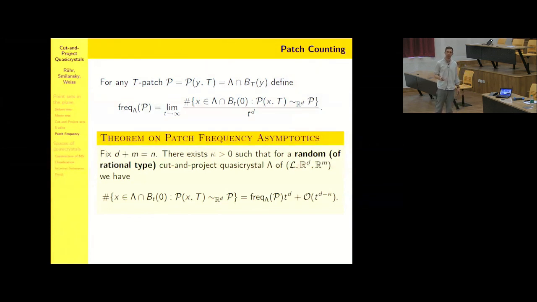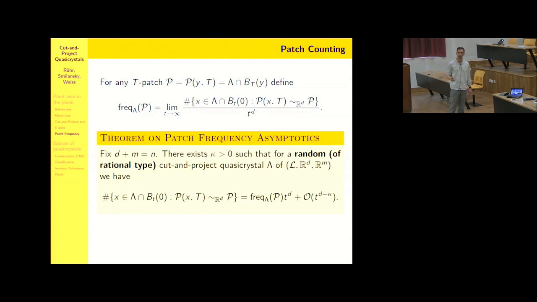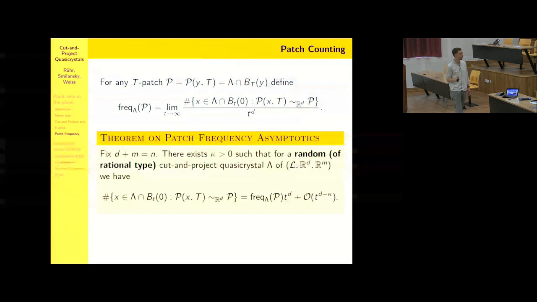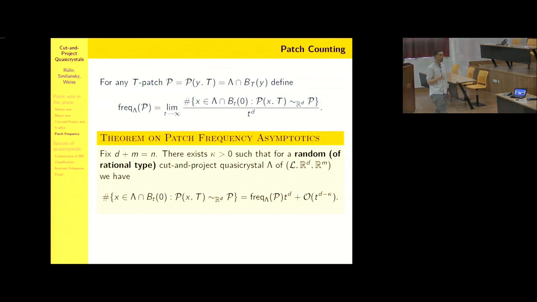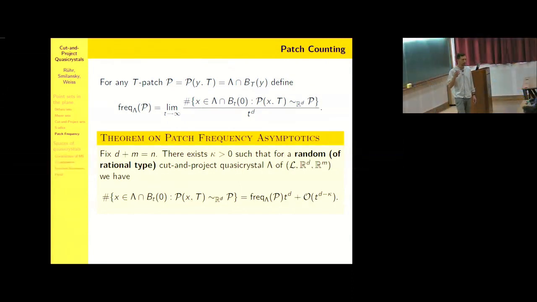But if you have that, then there's a precise asymptotic. So the frequency is well defined. Here you have the main term, and the theorem gives a polynomial error saving. So these are theorems on patch frequencies.